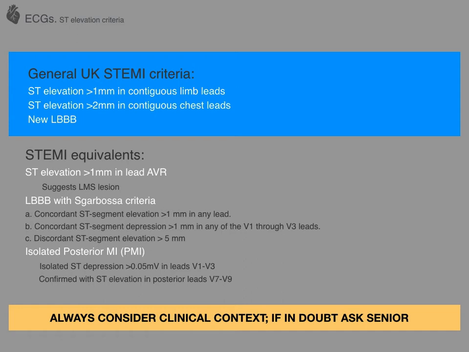They may succumb to that STEMI, it may be the last thing that happens to them, or if they do survive it, they will certainly be left with severe heart failure afterwards. So it is really, really important that we identify these patients on their ECGs and get them to a centre where they can have their blood flow revascularized as soon as possible.